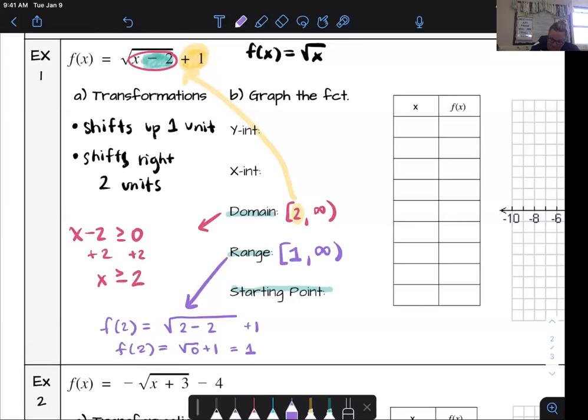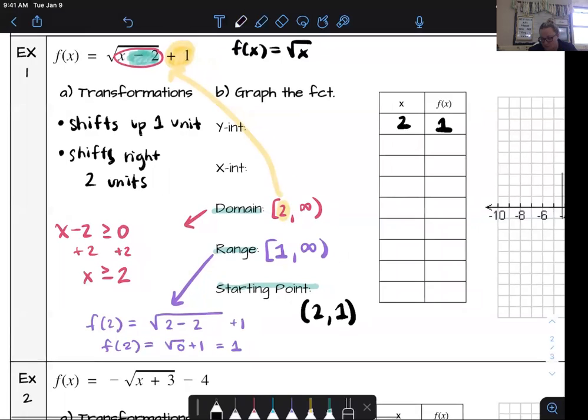So our starting point starts where our x values start. So it will be at the point 2, and when you plug 2 into the function, you get 1. So our starting point is at 2, 1. I'm going to graph that.